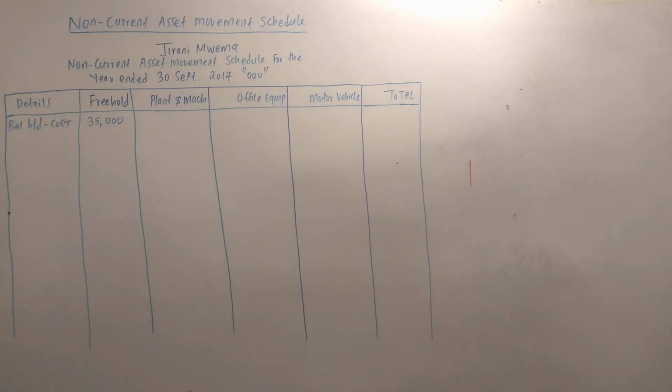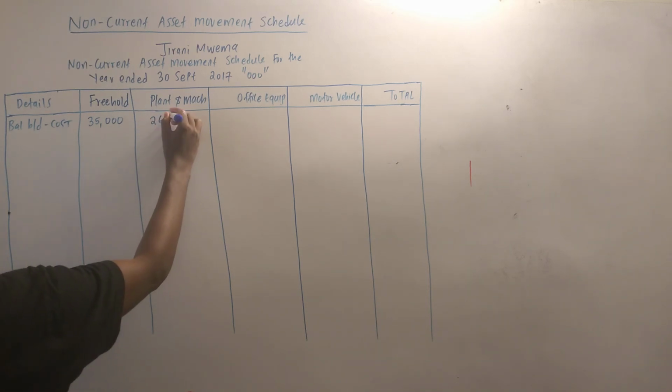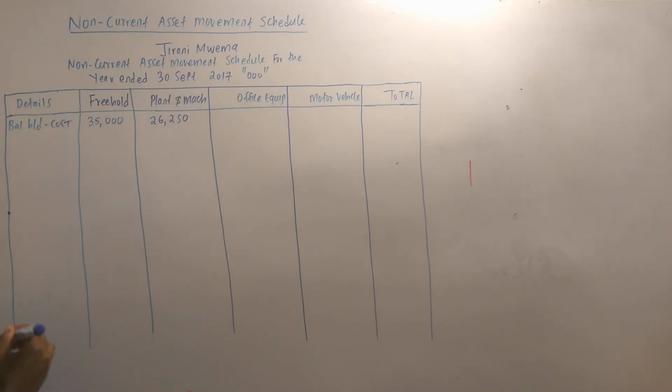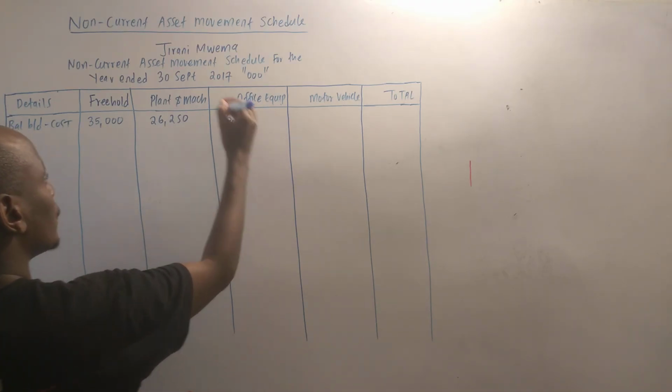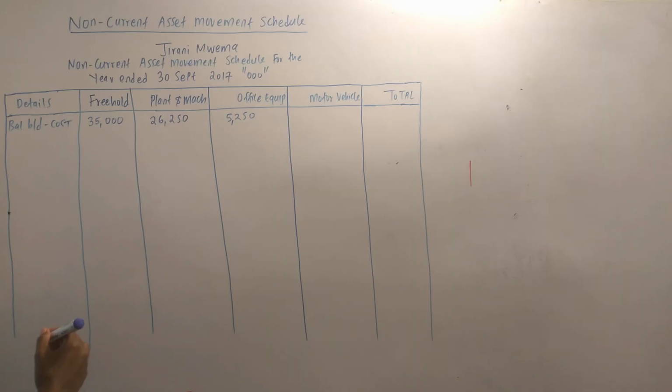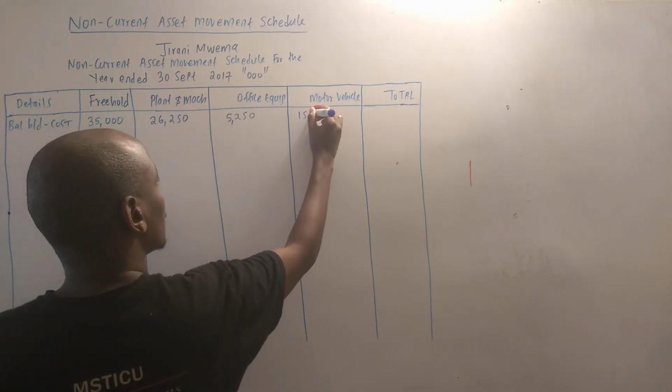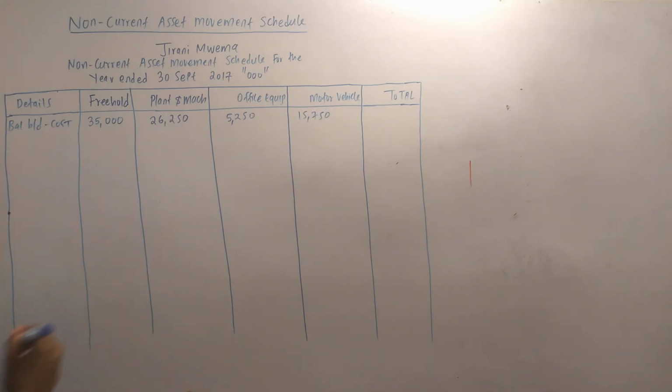Then we have the one for plant and machinery, which is 26,250. Then we have the office equipment, which is 5,250. Then you have motor vehicle. Motor vehicle is 15,750.